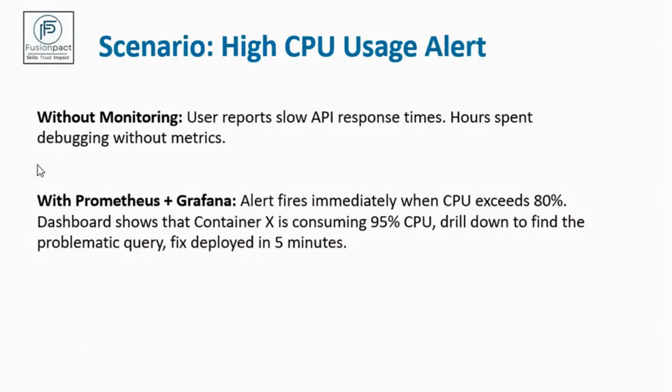There is a scenario I have added where a container is utilizing high CPU, so we set an alert such that CPU utilization for a server is more than 80%. Before monitoring, due to high CPU usage, a user would report that API response times were very long. It had more latency delivering the process, and the developer needed to debug that issue on the server itself.